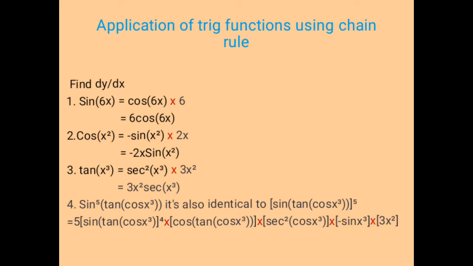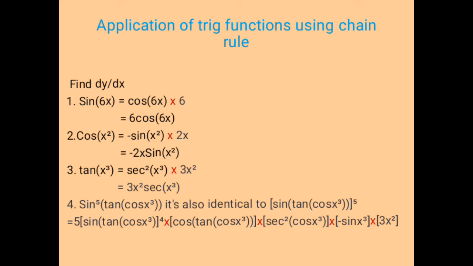Applying the power rule here, we bring down the 5, and we have sine tan cos x cubed to the power 4, whereby applying the power rule, it is n minus 1, and our n was 5, times cos, because differentiating sine gives cos. Then we copy back the inside, and coming here, we differentiate tan, we have sec square, and we copy back the inside.